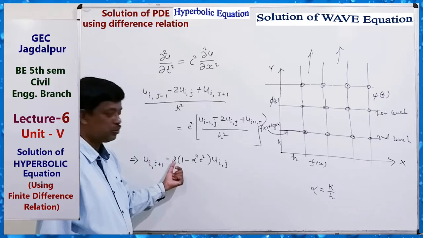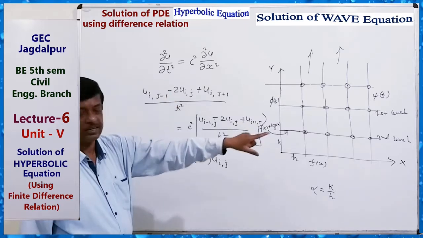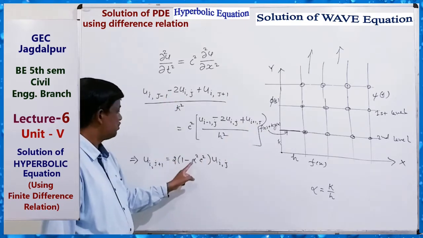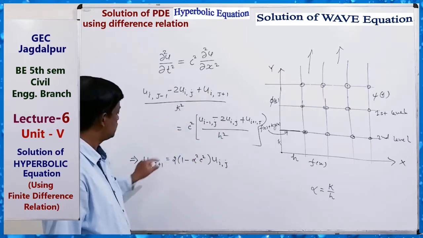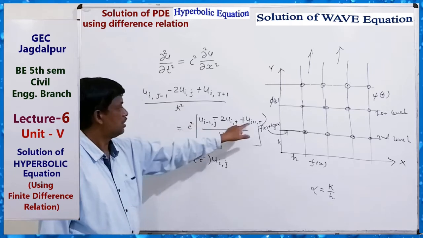So minus 2 is common, and here 2 goes to the right hand side, so 2 is also common. So 1 minus alpha square c square u(i, j). So these two are adjusted here.